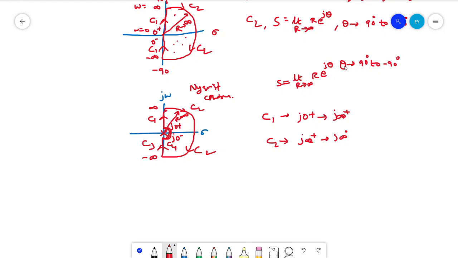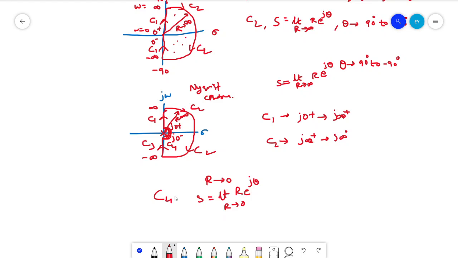Okay, in the other case, where you are considering radius r tends to 0, this can be written as s equals limit r tends to 0 of r e power j theta. This is for case C4.